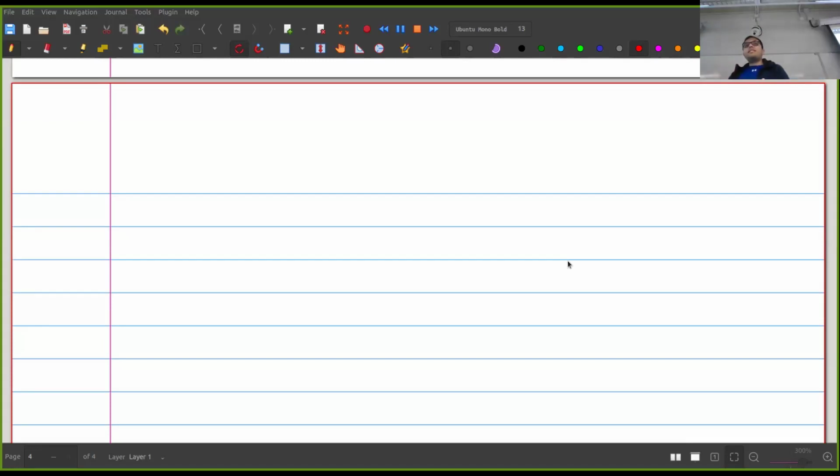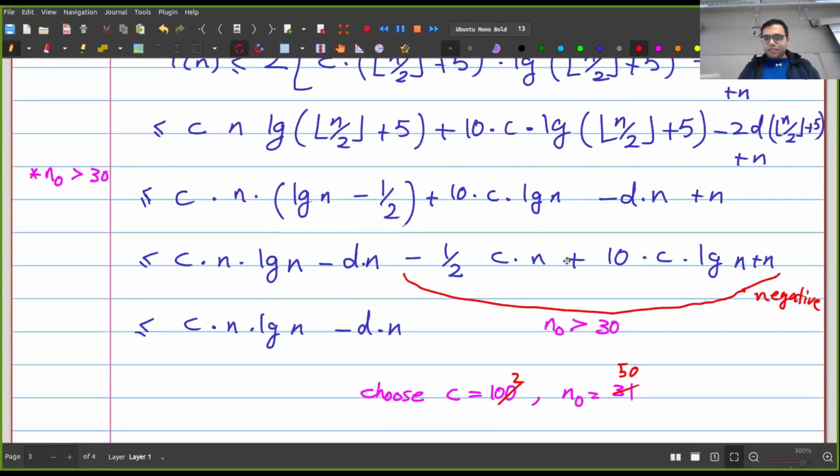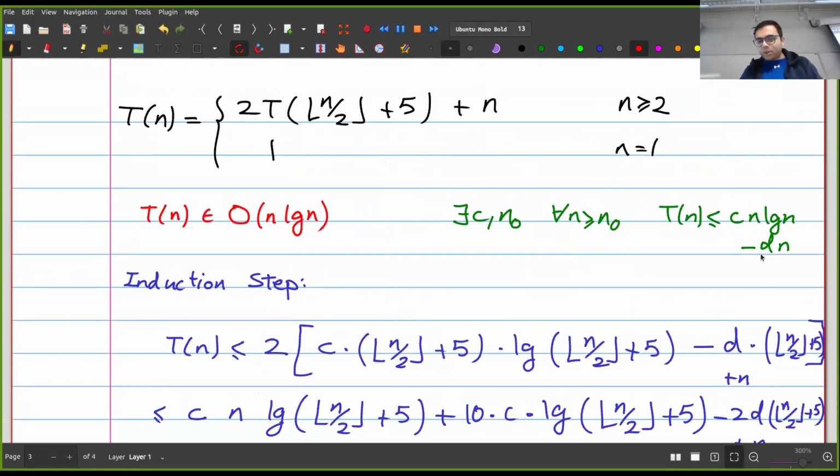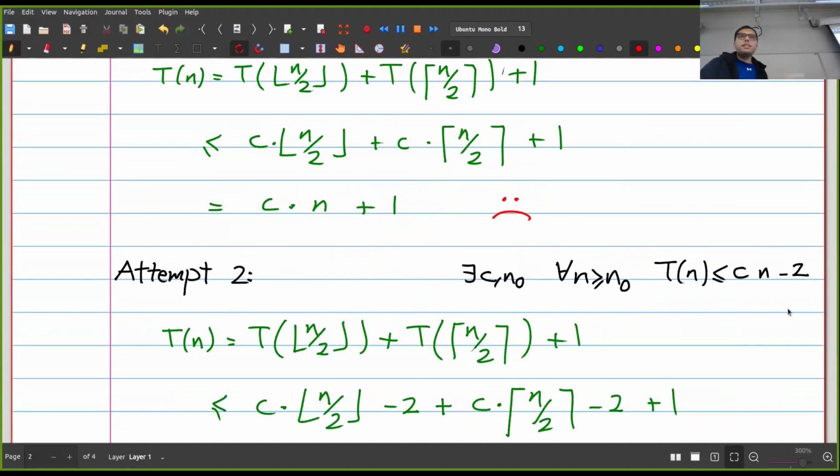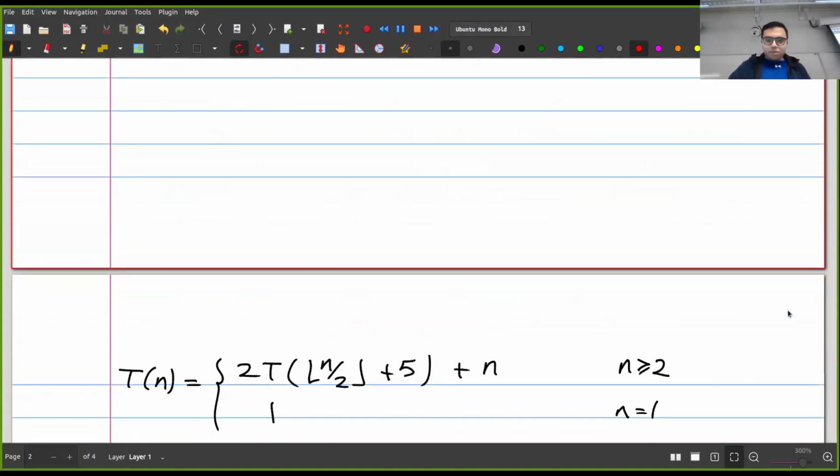The flexibility in the induction is that you get to choose your own C, you get to choose your own N0. And one of the techniques that comes in handy a lot of the time is to just subtract a lower order term. So if you want to prove n log n, subtract something that is O(n). If you want to prove O(n), subtract something constant or something that is some log. And usually this works.